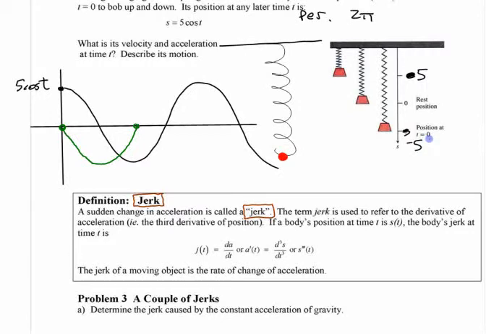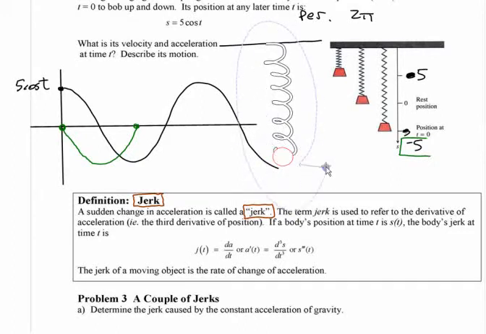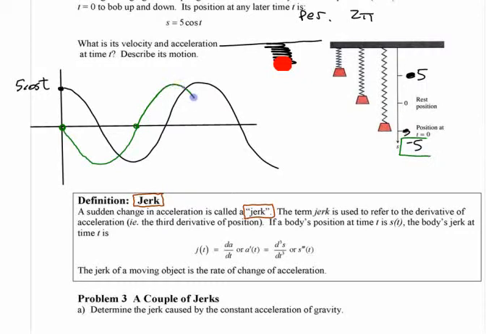After it stops at the bottom, then it's got a positive velocity. It goes back up to the top, right? And its velocity stops again. So that's one chunk of the graph.